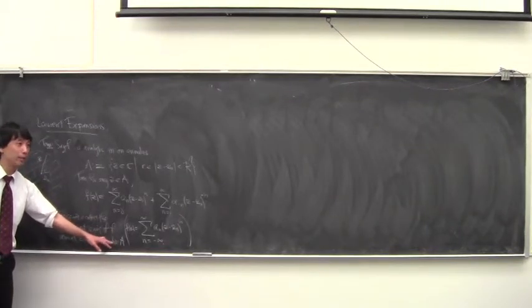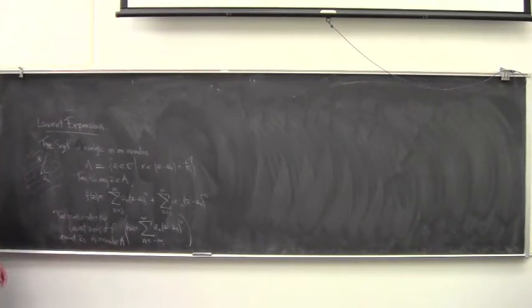So if you choose a different annulus that lies outside this annulus, you get something different. We'll see some examples.